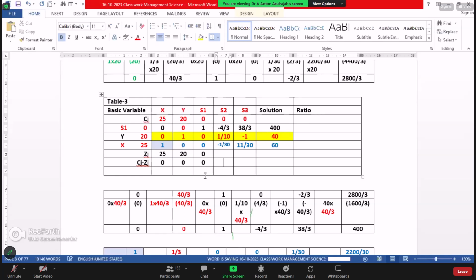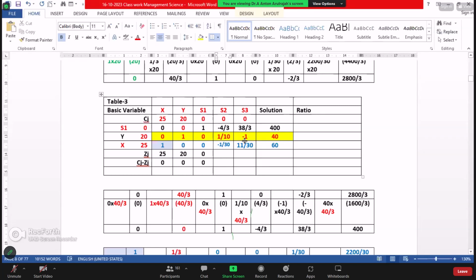So 0 has to multiply minus 4 by 3, no problem. 20, 25 into minus 1 by 30 has to multiply by 7 by 6.